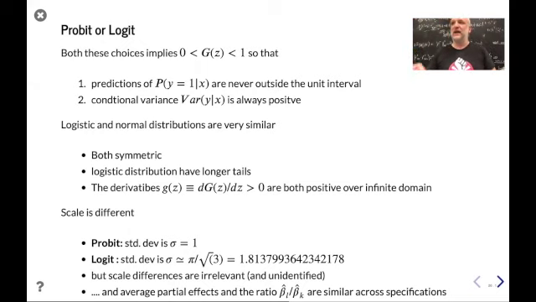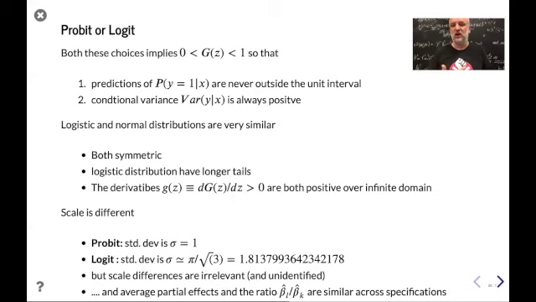Okay. Now, another nice feature of these Probit and logit models, and other models that have G limited to the unit interval, is that the logistic distribution and normal distribution are very similar. We've seen that if we scale them, they are both symmetric. The logistic distribution has a little bit longer tail.